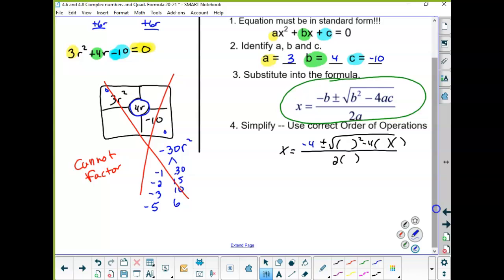And then B squared, I'm just going to literally type in 4. Doesn't look great. That's a 4 there. And then I've got -4 times A. Well, what was A? A was 3, and C is -10. All divided by 2 times A. So my first step, all written in blue, is just substitution. Plug in what you know A, B, and C are.